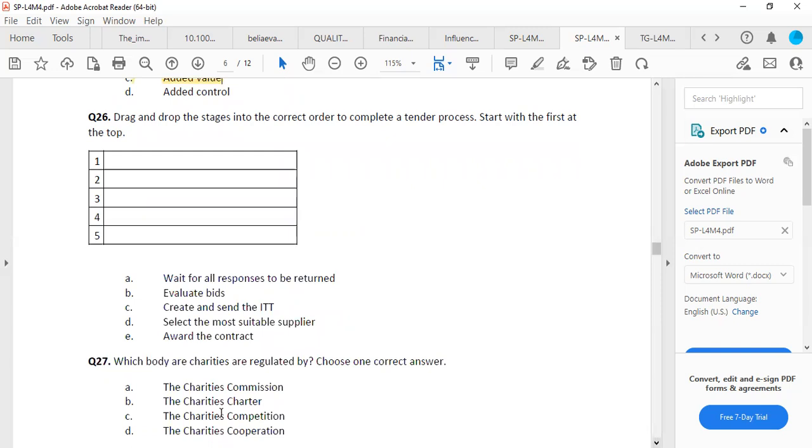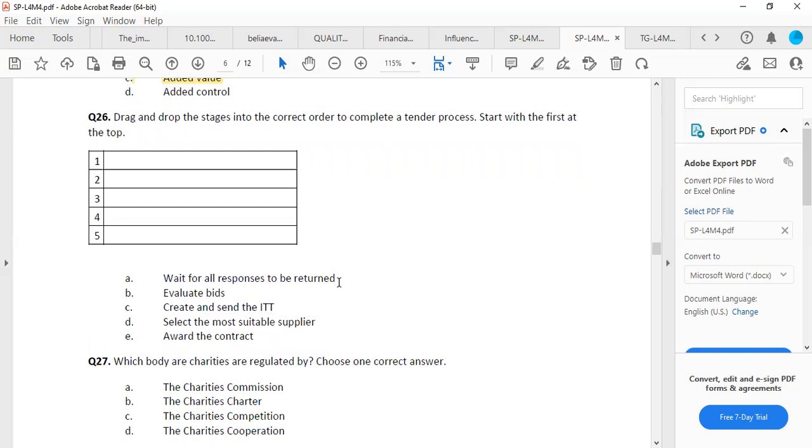Added value. Question 26. Drag and drop the stages into the correct order to complete a tender process. Okay, start with the first at the top. A tender process. How do you start? Create and send the ITT.